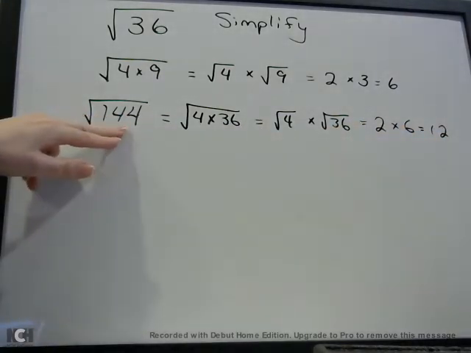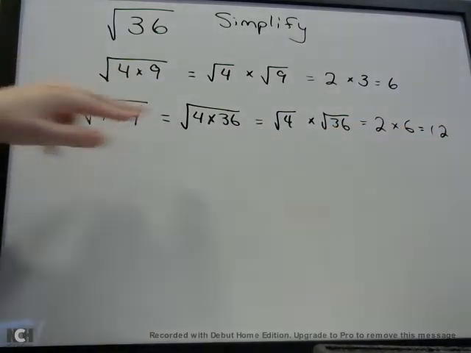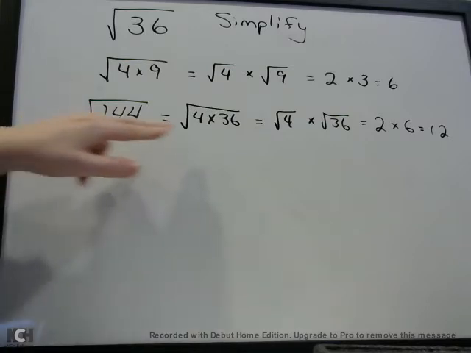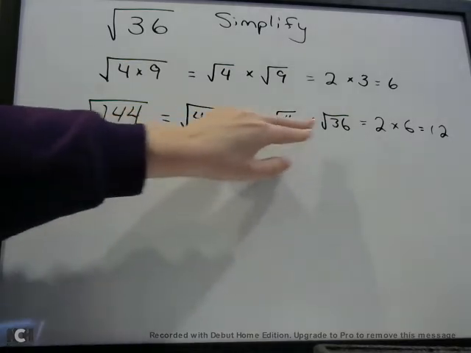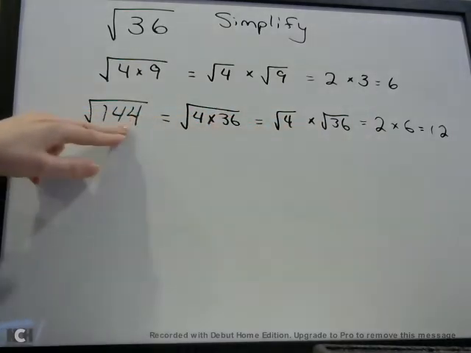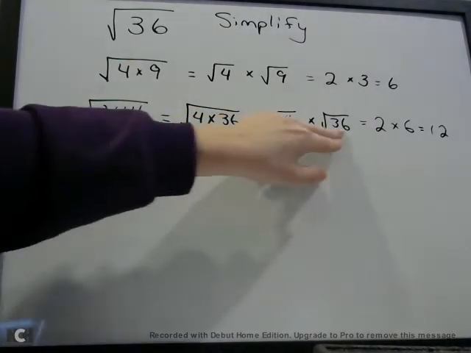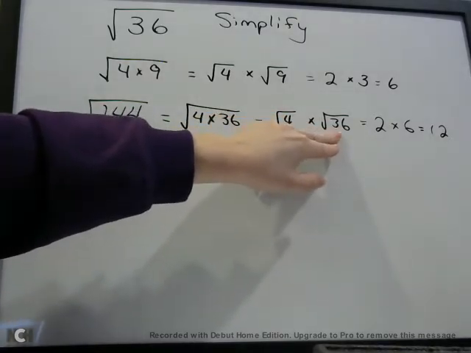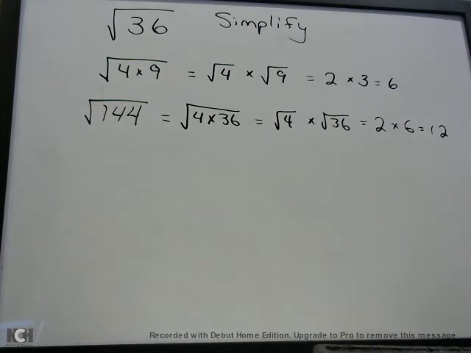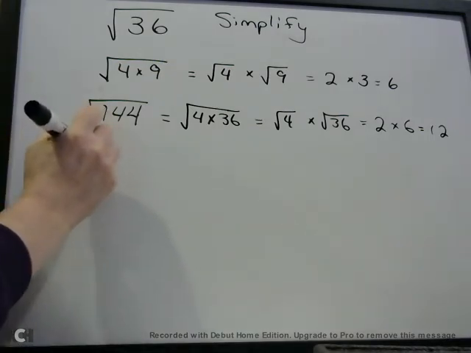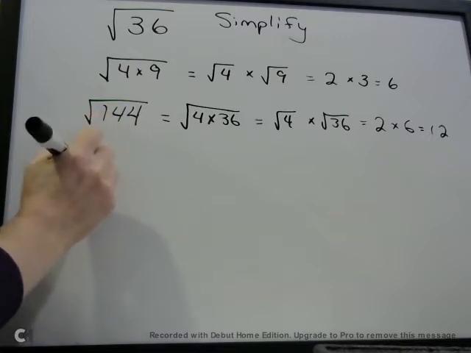It's 144, and that's the definition of how we know what the roots are. So if it's multiplication, you can divide it out like I have here. This was 4 times 36, because that equals 144, and we divided it into the square root of 4 times the square root of 36.